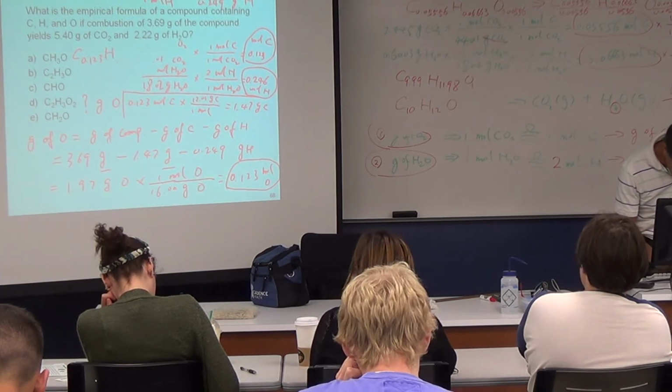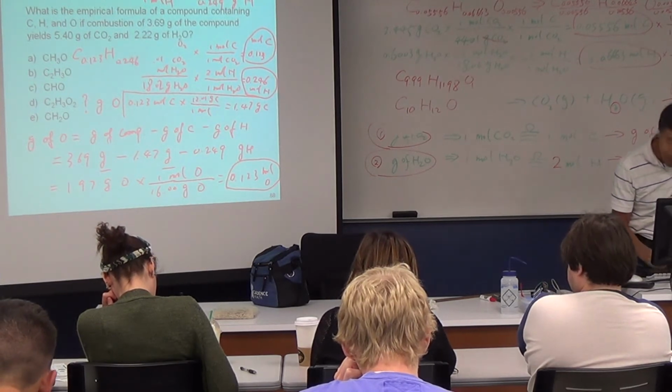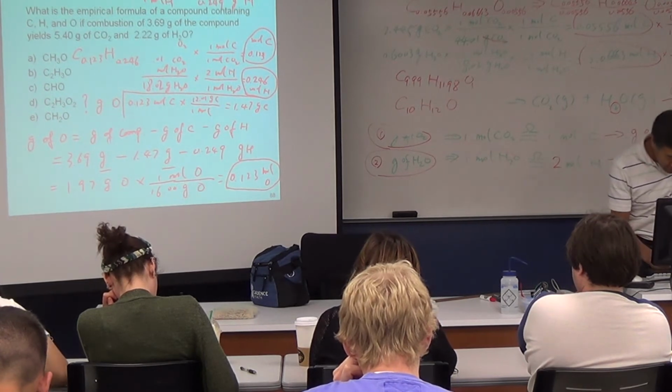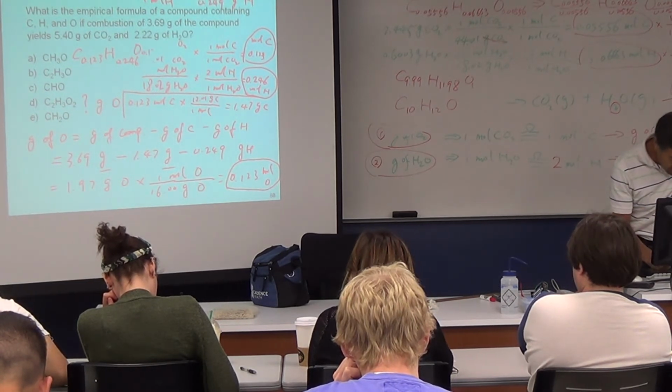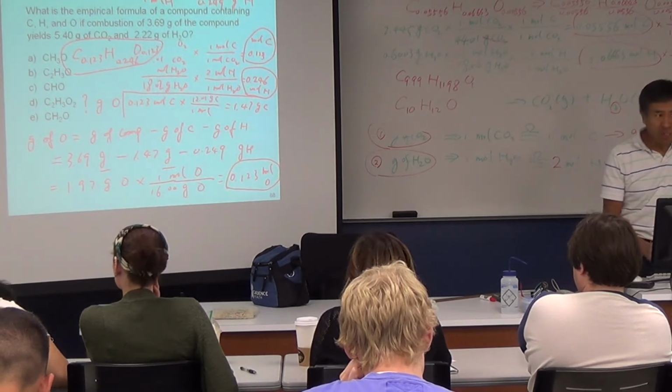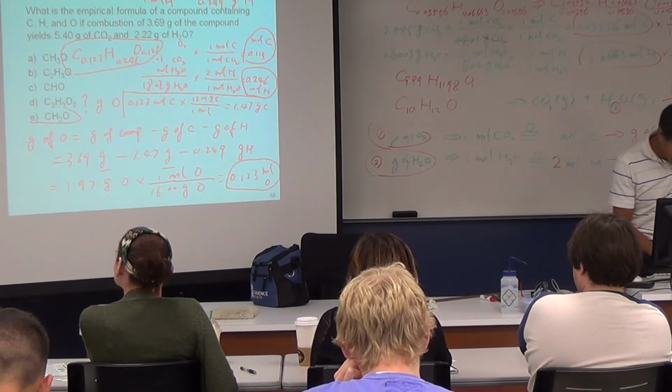That means 0.246 over 0.123, the perfect 1:2 ratio. Then you will get O 0.123 over 0.123. So we have these 3 numbers after you divide.